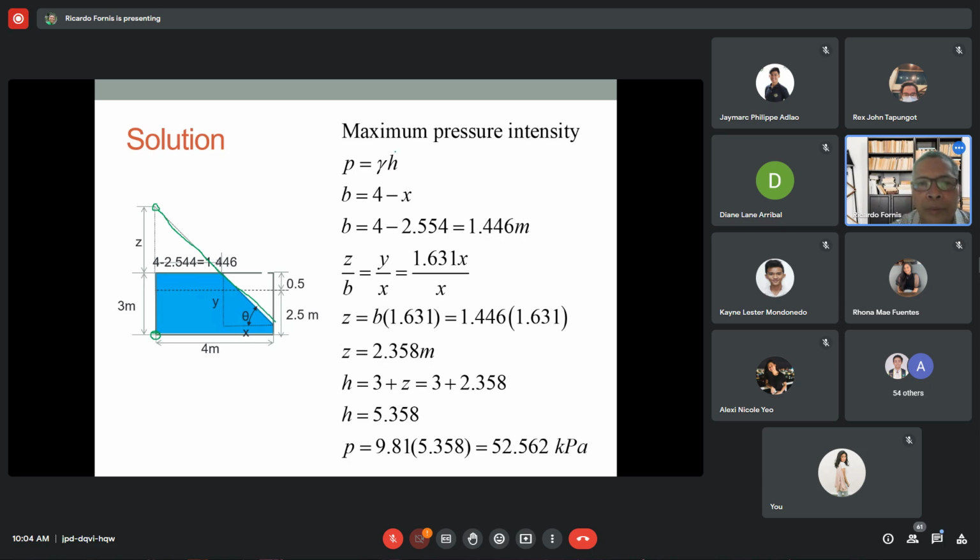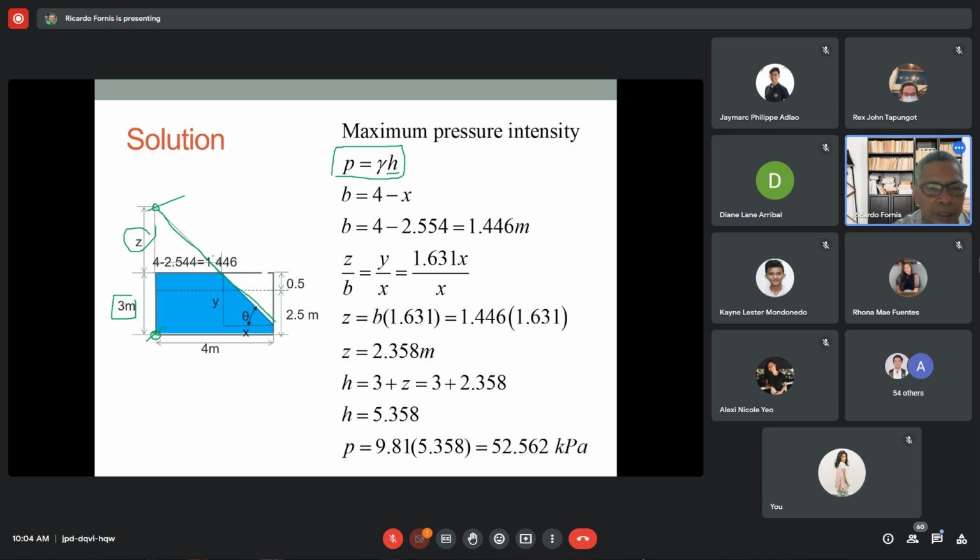The maximum pressure intensity is calculated as gamma multiplied by the depth of the liquid, either real or imaginary, from here up to here, meaning 3 plus z.